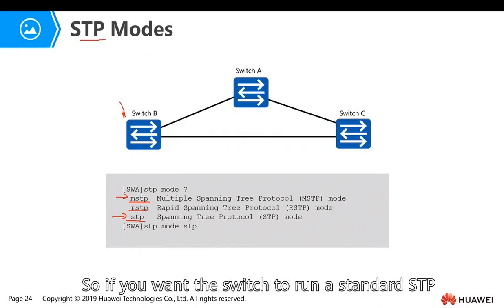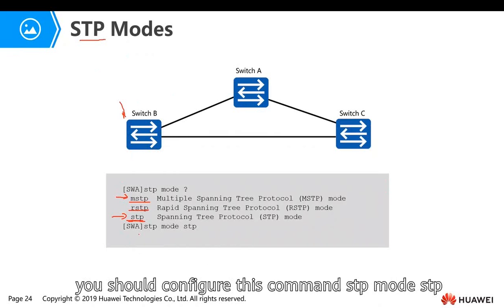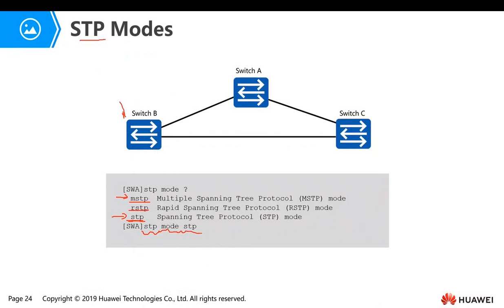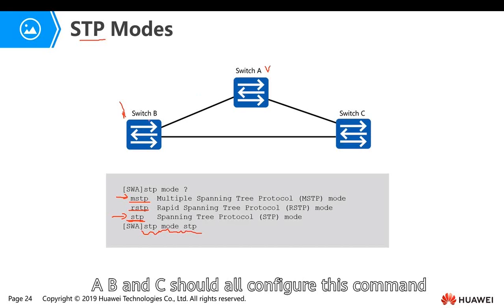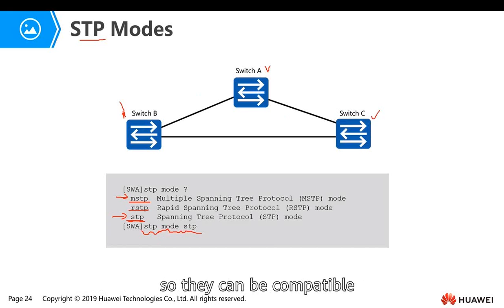Okay, so if you want the switch to run as the standard STP, you should configure this command, STP mode STP. Of course, when you configure this, all switches in this network, A, B, and C, should all configure this command, so they can be compatible.